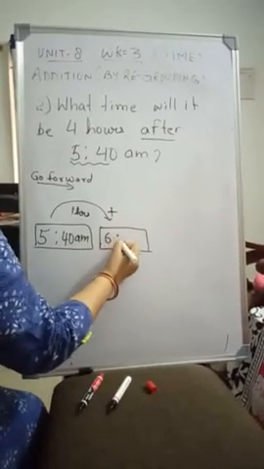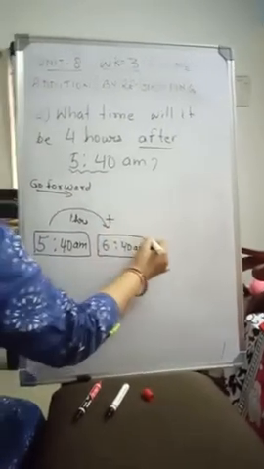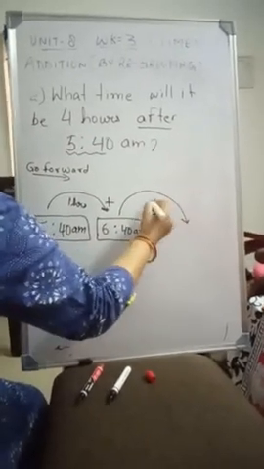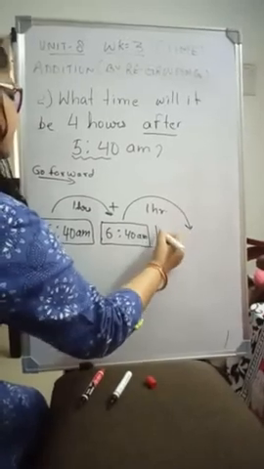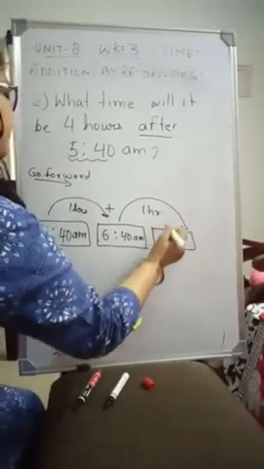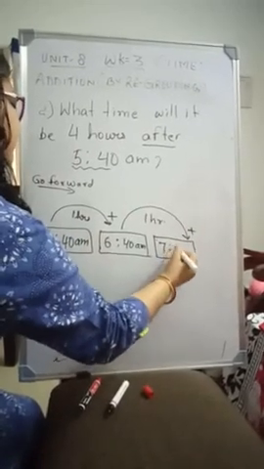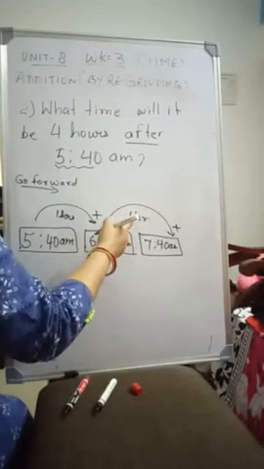It will become 6:40 a.m. Right? Again I will take a jump of 1 hour. Okay, and then we will do addition, it will become 7:40 a.m. 1 hour, 2 hours. Right?